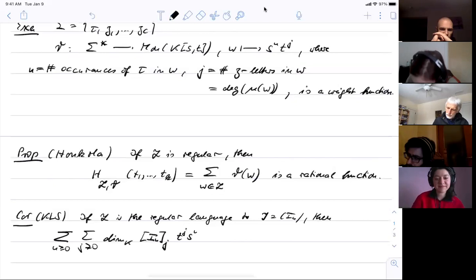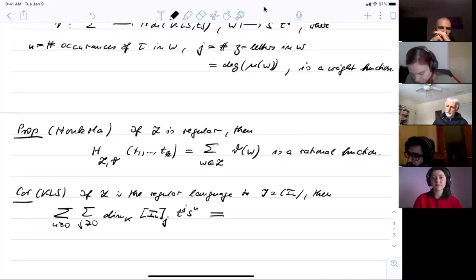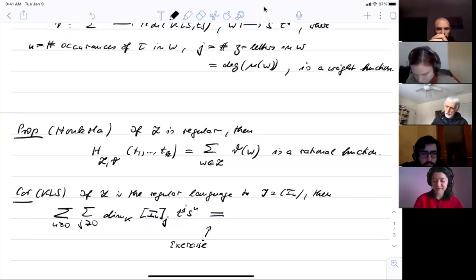And this is a good exercise in definitions. This is the very same thing as the Hilbert series.